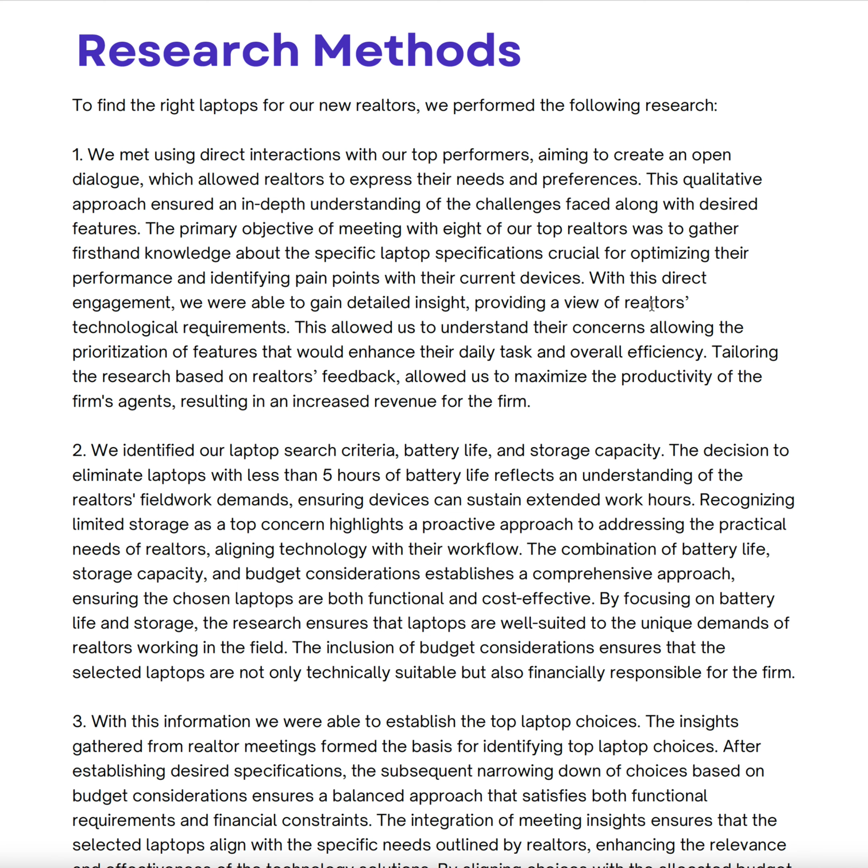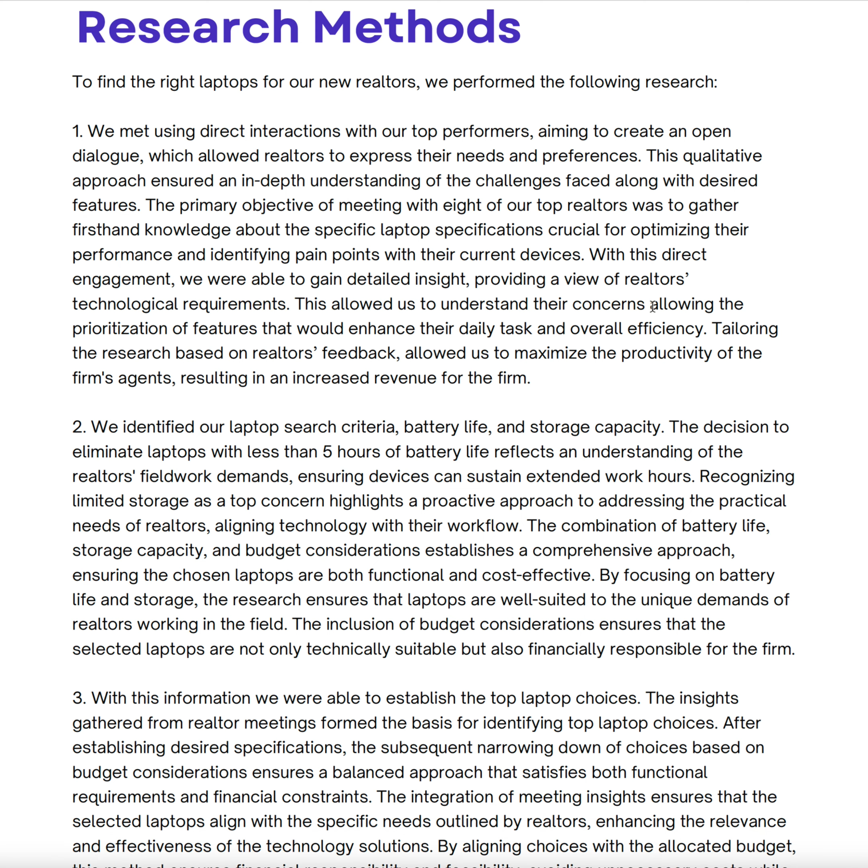So if you did Unit 2 correctly, you made a list of like, these are the tasks that we are going to do to research this problem. So when you get to Unit 4 and you're in the research methods section, you're basically going to take those tasks, put them over here, and then write about what you did to accomplish each of those research tasks.